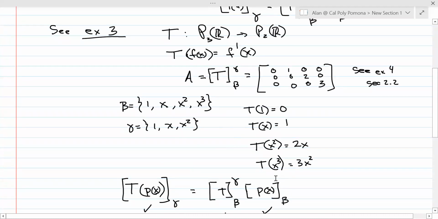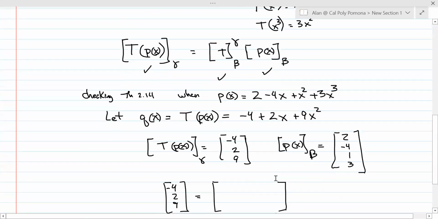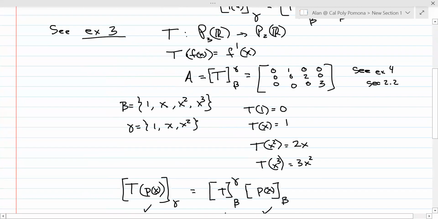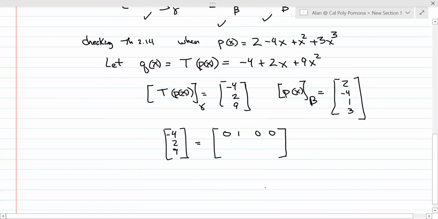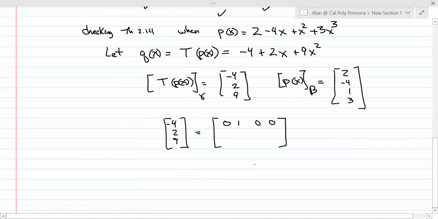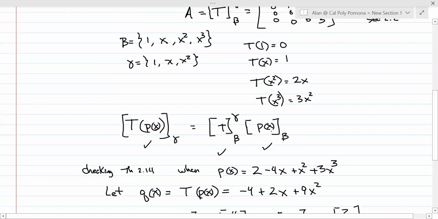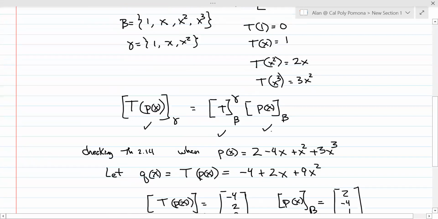So the first row is 0, 1, 0, 0. Second row, let's scroll up, is 0, 0, 2, 0. And third one is 0, 0, 0, 3.